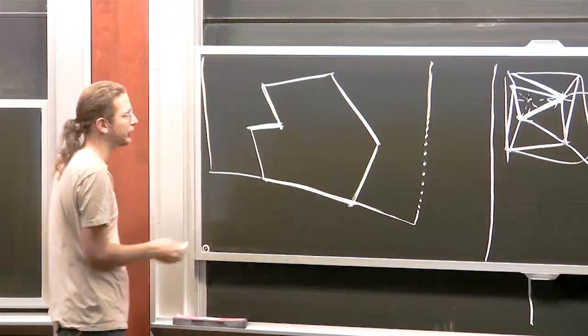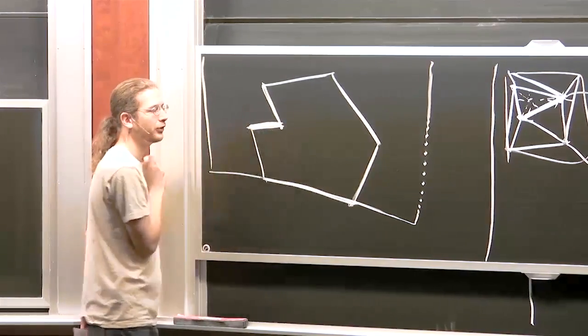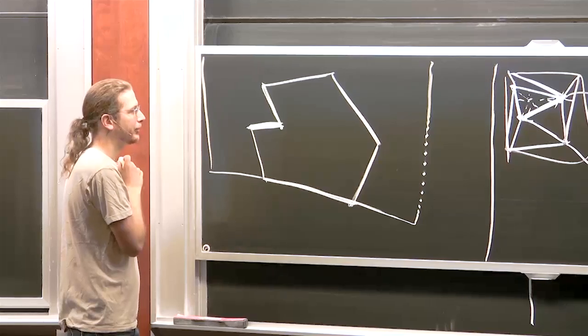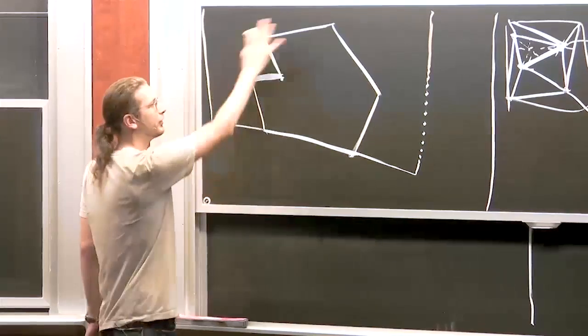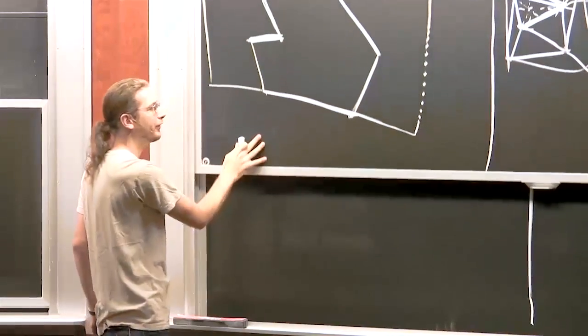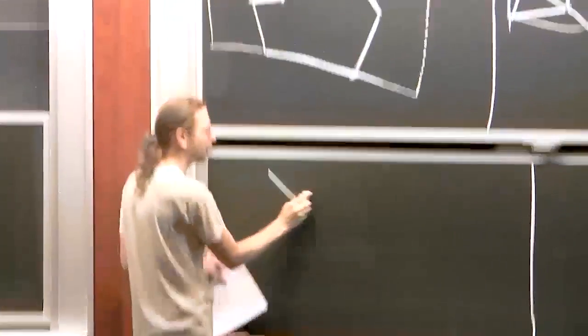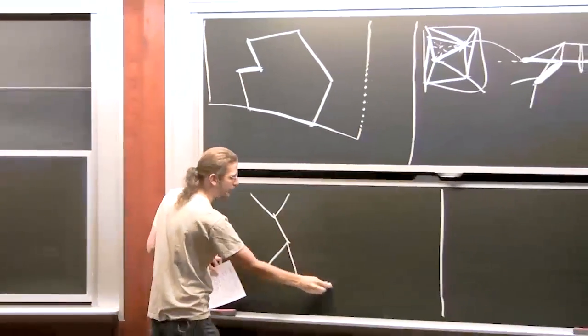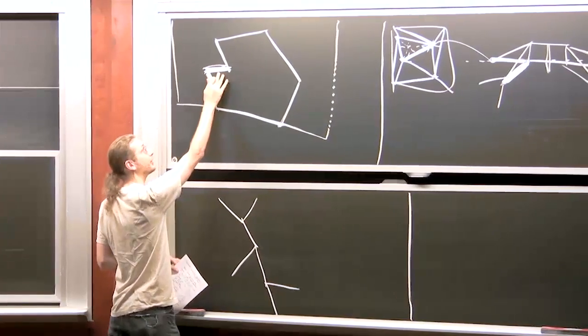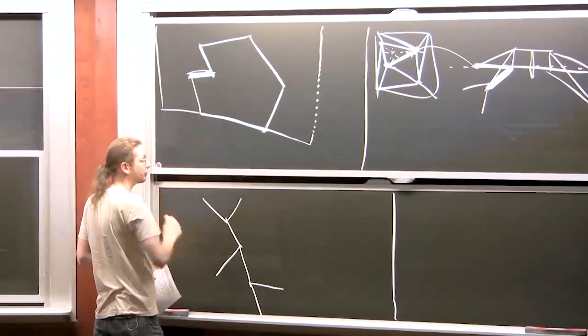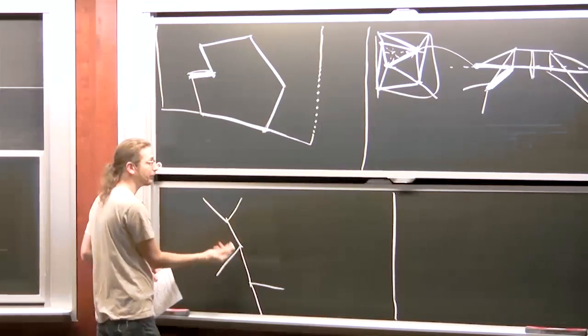So what I'm going to do is look at any of the active edges, and I'm going to imagine that active edge in the piece of paper, but now I'm going to think about it in the tree. So the tree looks like something, we don't really know what. Any active path here corresponds to an active path in the tree of exactly the same length.